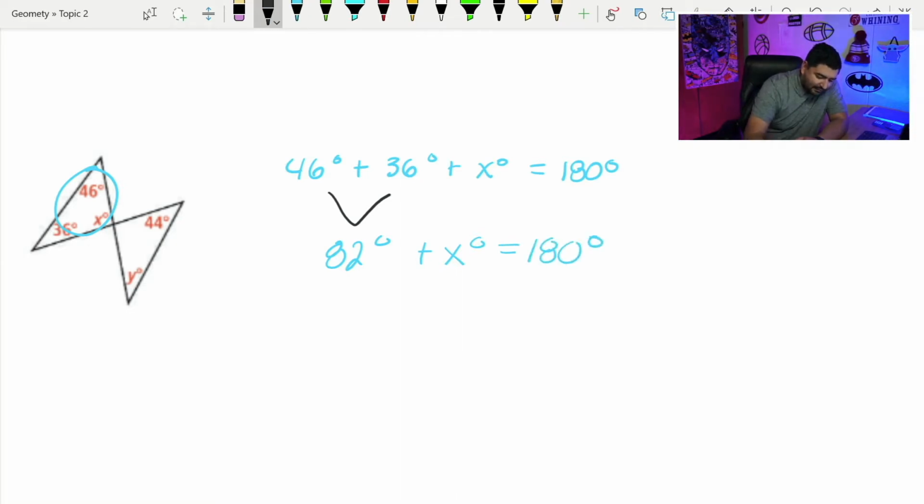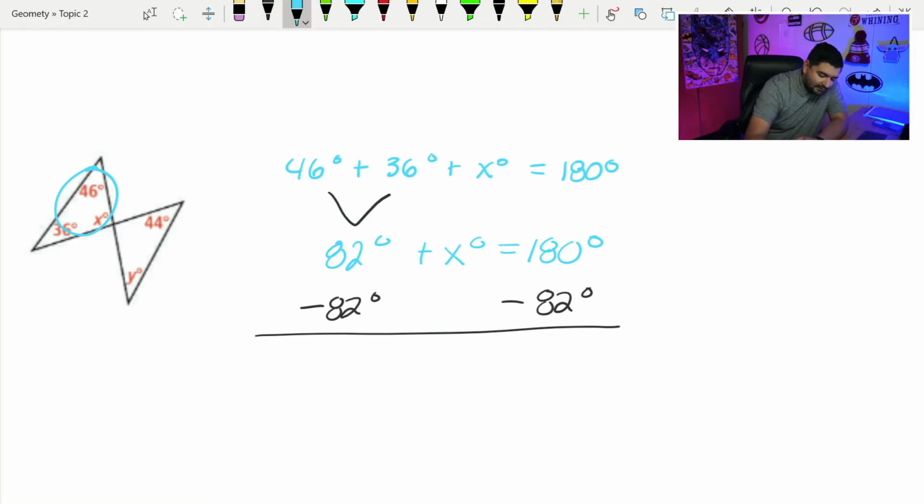I can then subtract 82 degrees from both sides. That'll leave me with x equals 98 degrees.